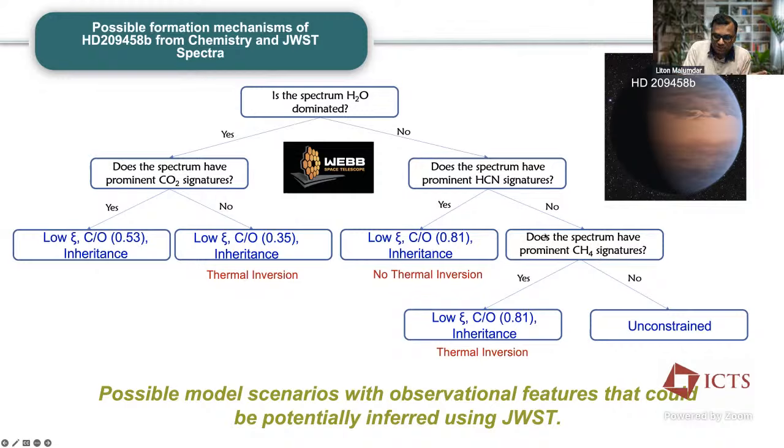So by looking at your atmospheric abundances, which is largely set by your initial composition for your atmosphere, driven by your fundamental disk physical and chemical processes, you can get some idea about what is the environment where this planet has formed.